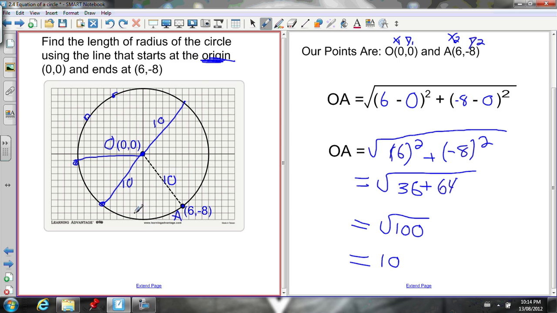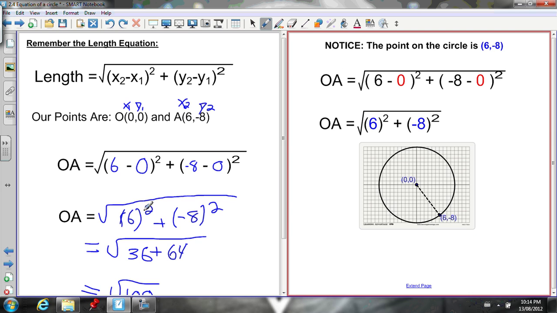Notice when we're calculating the length of the radius, because all the circles we're working with are centered at (0, 0), the point on the circle is (6, -8). And look, after we simplified, when we put in our x2 minus x1 and y2 minus y1, we're subtracting 0 both times from our run and our rise.